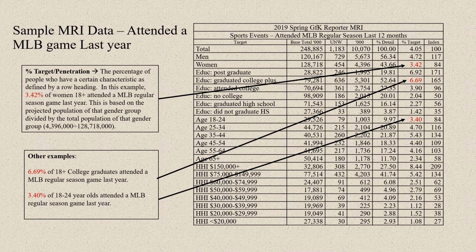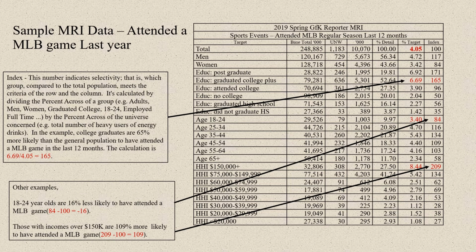And 3.4% of the 18 to 24-year-olds attended a Major League Baseball game last year. You might notice that that is the second lowest percentage of people who attended the game. Only the 65-year-old plus group had a lower percentage of that population attend a game, at 2.34%.